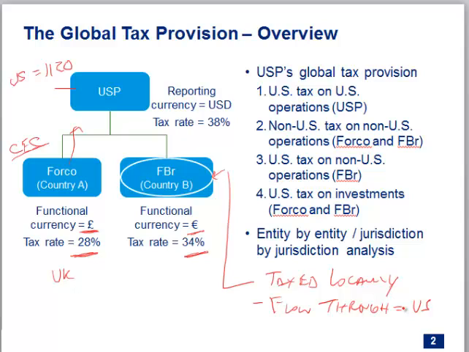Okay? So for those of you that this is new to, there's a concept in the US called check the box, and you can file a form with the IRS and say, for this entity, I'm just going to check the box as to how I want it treated. I can treat it as a corporation that's not subject to US tax, or I can treat it as this branch example that's treated as a flow-through.